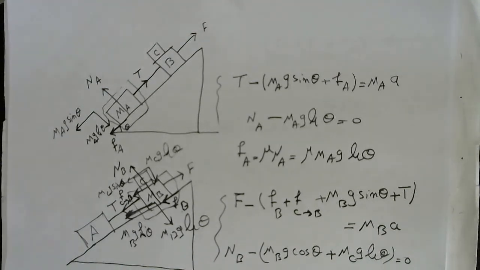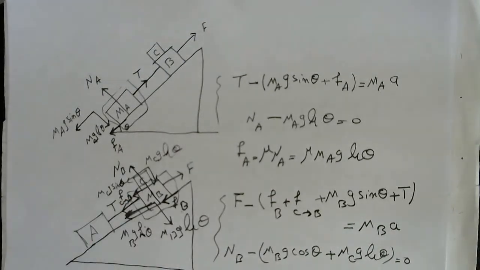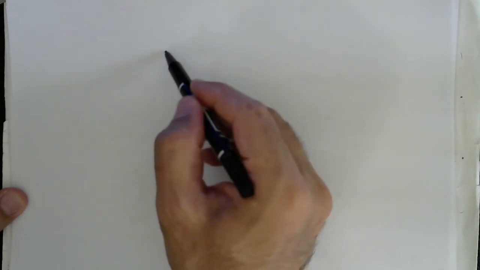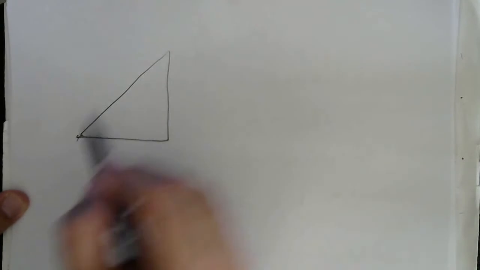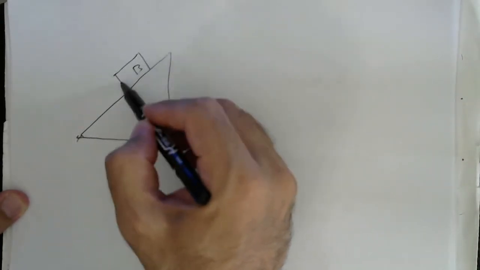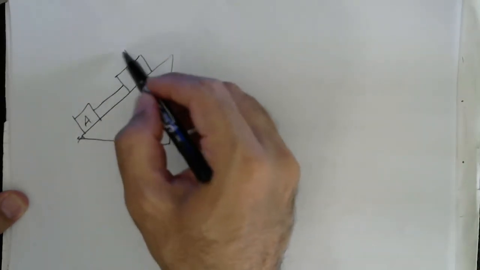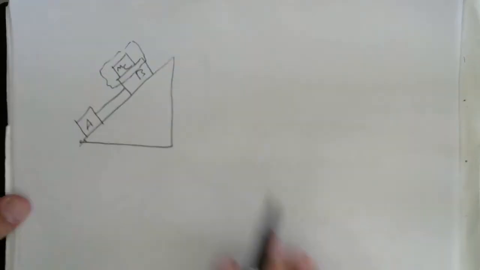Now let's go one step further and consider C as the system and see what the condition is. If we put C as the system, you see it's not much more complicated now. This is B, this is A, this is C, and this one is my system.